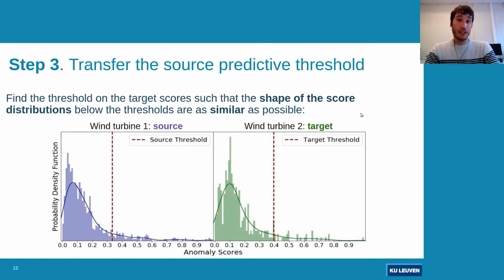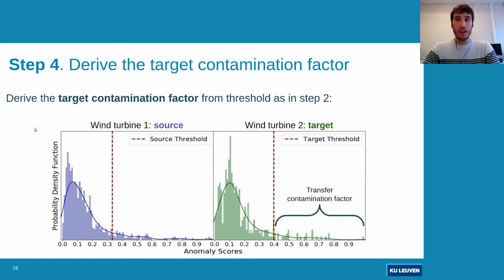The target threshold value that minimizes such a dissimilarity measure is the one that TRADE picks. Finally, in the last step, TRADE uses the same procedure as in the second step to derive the target contamination from the best target threshold. This means that we consider the proportion of scores above the threshold as the contamination factor.